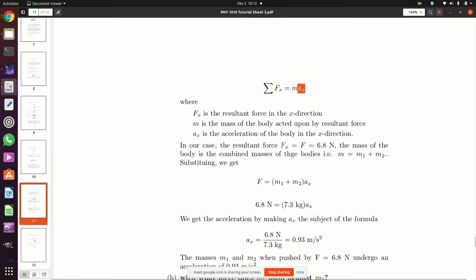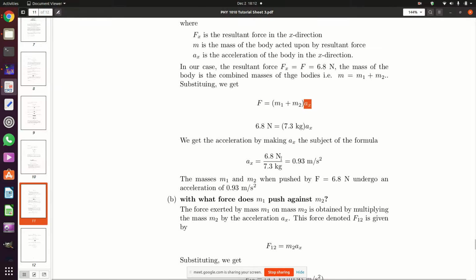Okay. So our net force in the x direction is equal to the combined mass of the bodies, which is M1 plus M2, times acceleration. So in our case, the net force is 6.8 newtons, which equals the combined mass of the two masses, 7.3, times the acceleration which the bodies are going to undergo in the x direction.